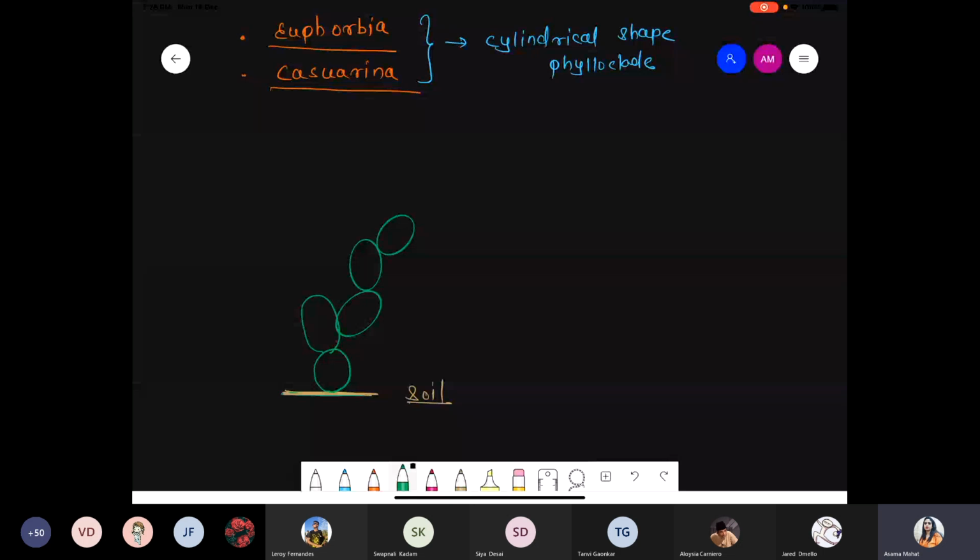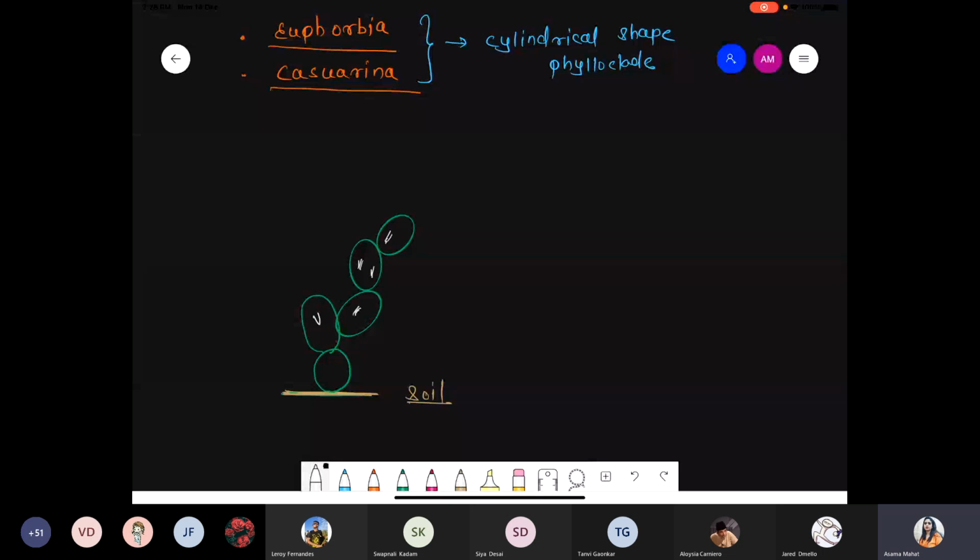Now here we are talking about whatever structures are present. On that structure, there is a presence of a reduced leaf that is called a spine. If you observe this condition, there is a hairy, very pointed structure present on the cactus.